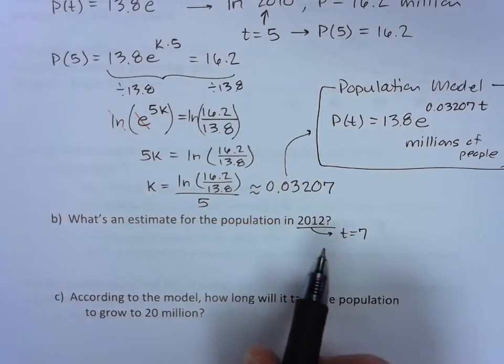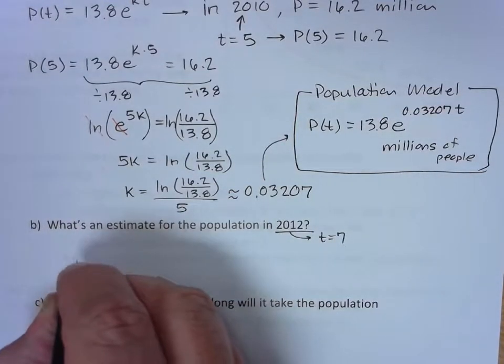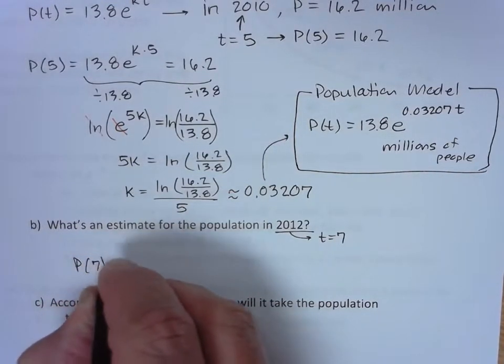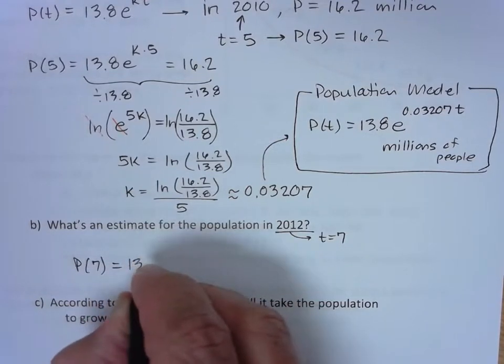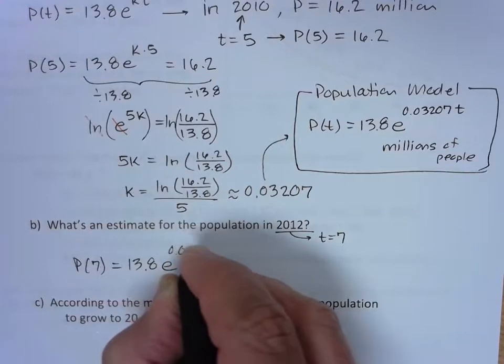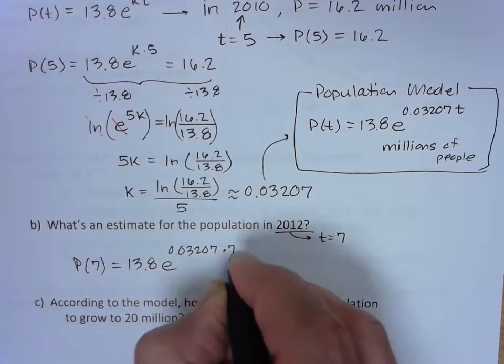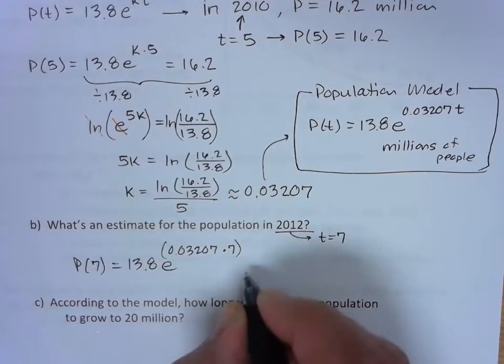So in this case, I just want to use the model we just built and evaluate it with an input of 7. So P of 7 will be 13.8 times e to the 0.03207 times 7, and that's all tucked in the exponent.